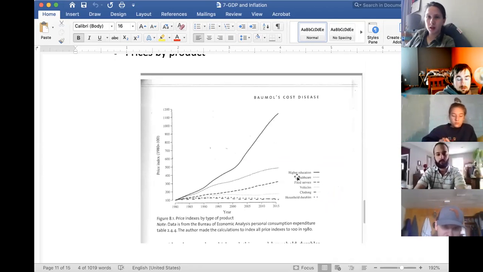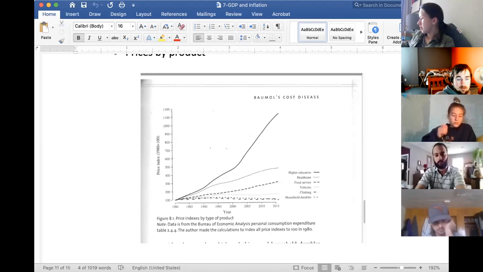Inflation in higher education is much higher than it is in healthcare, which is much higher than it is in food services, which is much higher in clothing and household durables. In fact, if you look at this, there's been almost no inflation in clothing and household durables over the last 40 years, almost no inflation.